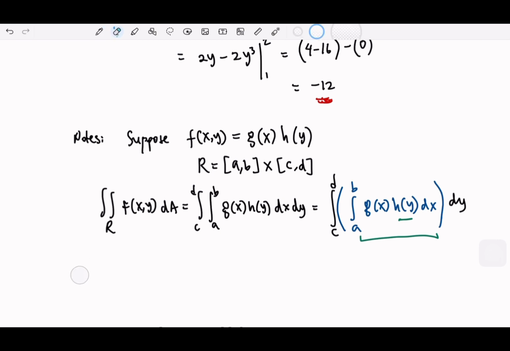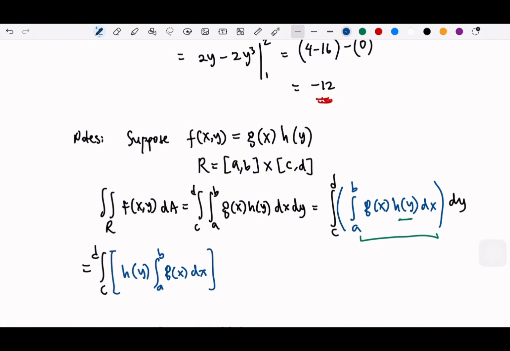So we can write this as h of y times the integral, and then the dy will only affect the function of y, right?